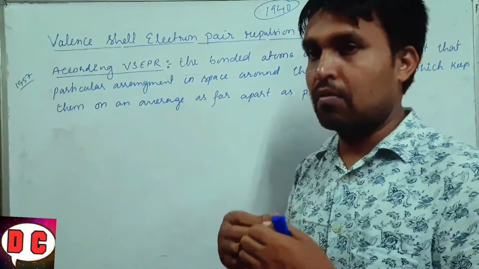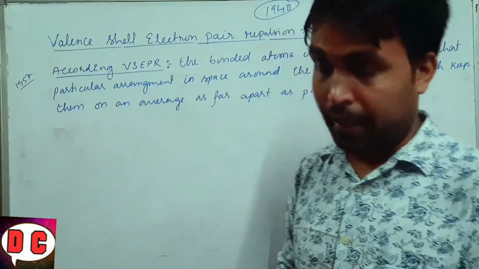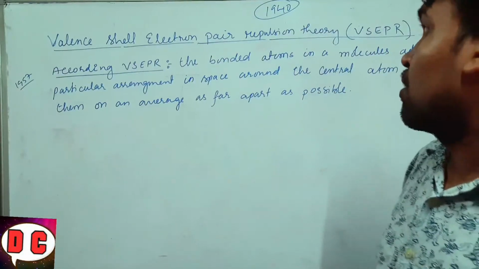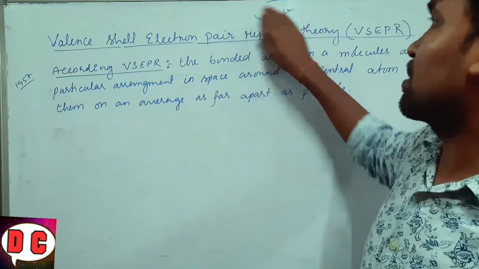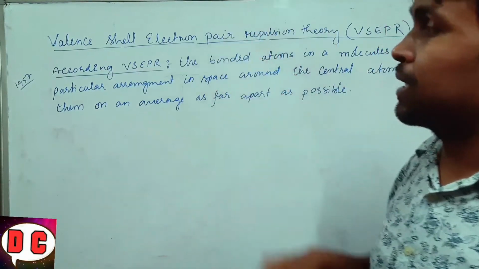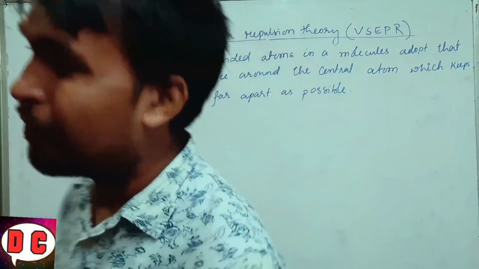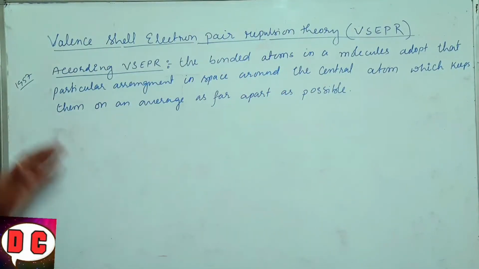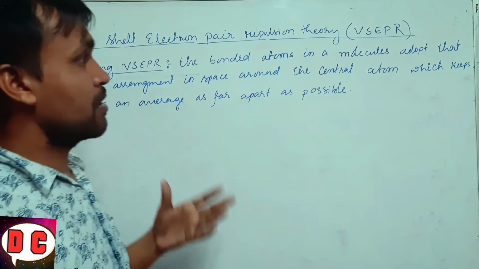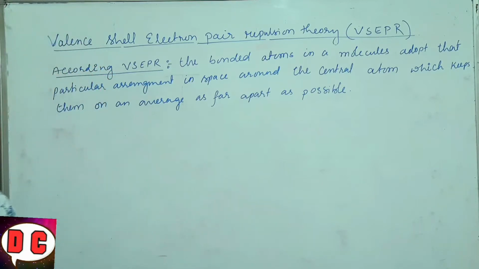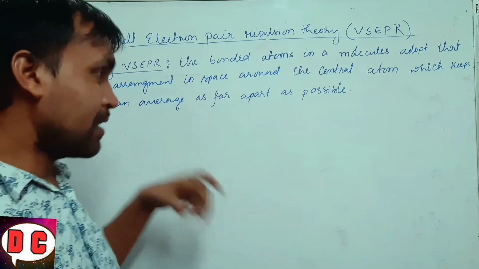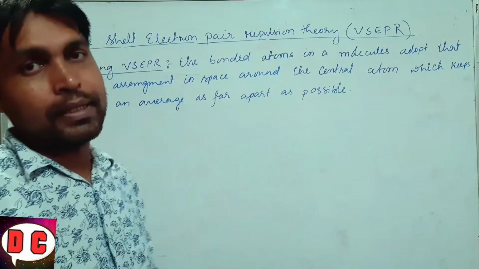In 1957 Gillespie modified and improved this theory, and he suggested VSEPR theory.